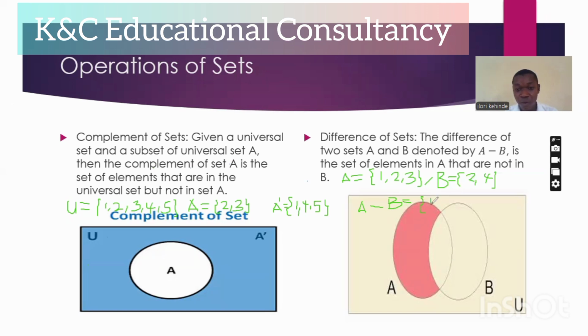So what remains there? 1. No, 2 is here, I will cancel it out. I have 3. So this gives you what? This is the set A minus B.